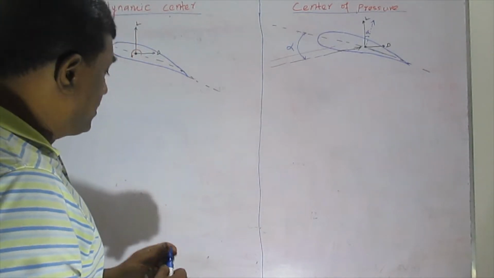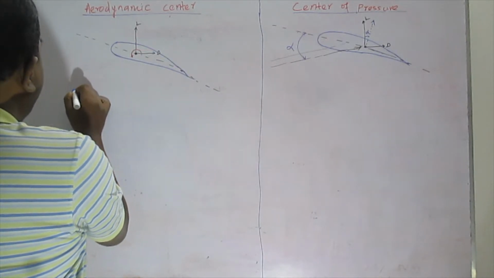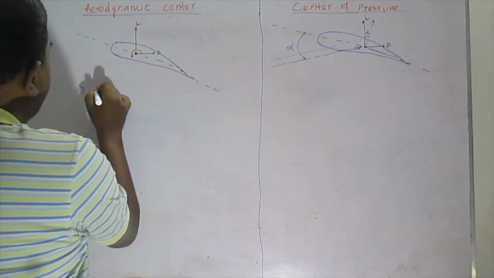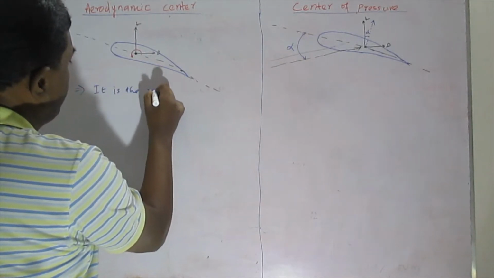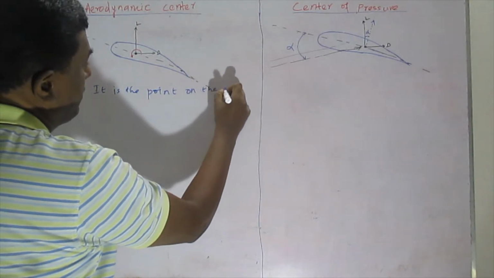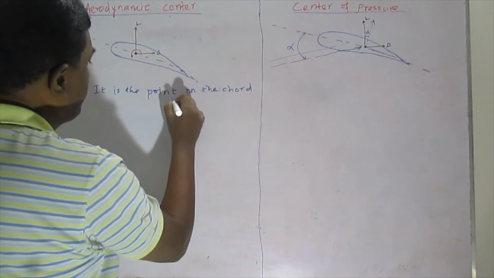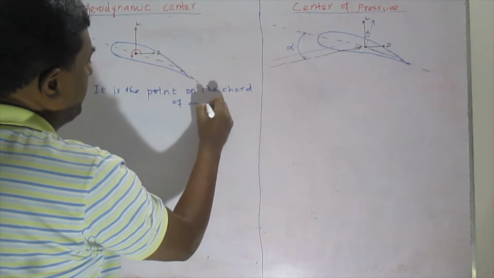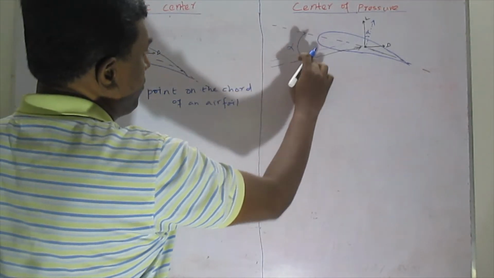The first thing is, in both cases we can write: it is a point on the chord of an aerofoil. The same thing suits here also.